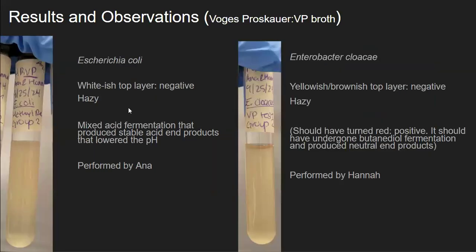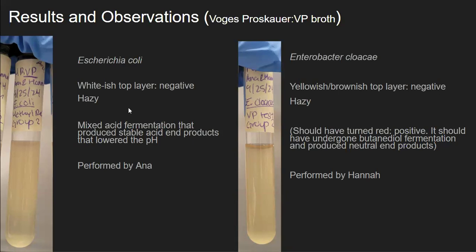Voges-Proskauer VP broth. For Escherichia coli, it had a whitish top layer indicating that it was negative and hazy. Mixed acid fermentation that produced stable acid end products that lowered the pH. For Enterobacter cloacae, it had a yellowish brown top layer indicating that it was a negative reaction and hazy as well.